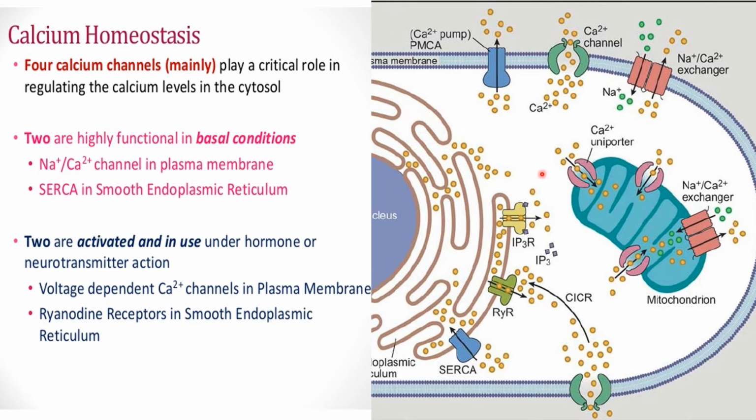The main function is to maintain the calcium concentration within the cytosol and the concentration outside the plasma membrane. Also, all of these receptors and pumps maintain the concentration of calcium within the smooth endoplasmic reticulum and in the cytosol.